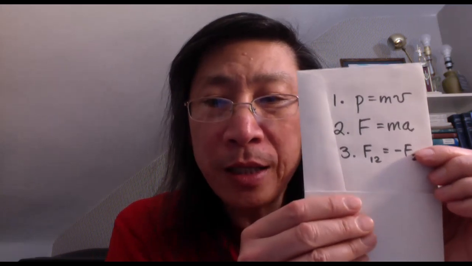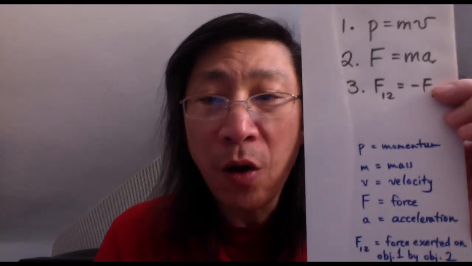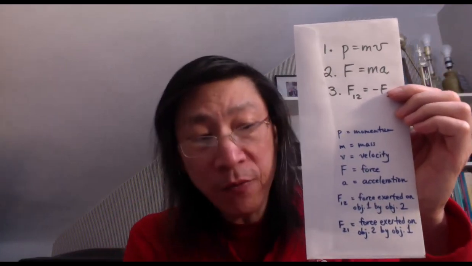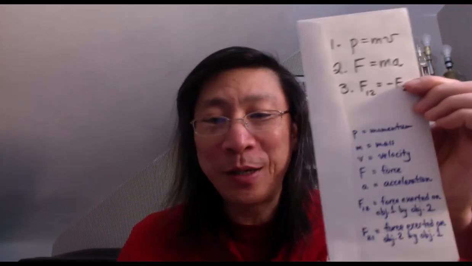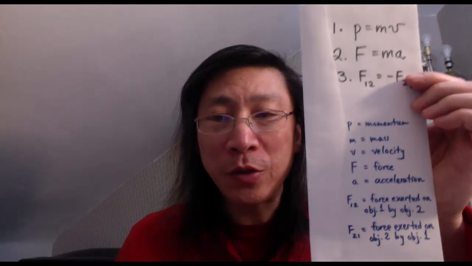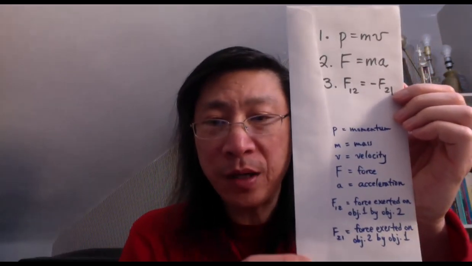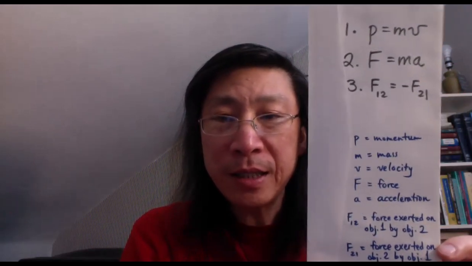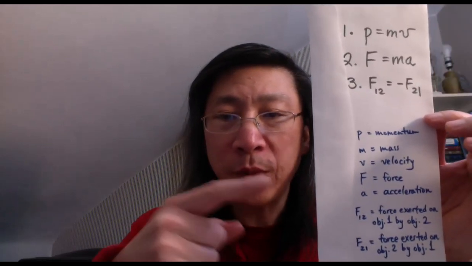So I took the liberty of writing down what all of those different letters mean on this page. It doesn't necessarily mean this on every page. Just like the letter X can stand for a lot of different things, depending on what you're doing, any kind of variable can stand for a number of different meanings, or even words sometimes have different meanings. In this case, these equations on this back of the envelope are listed this way.